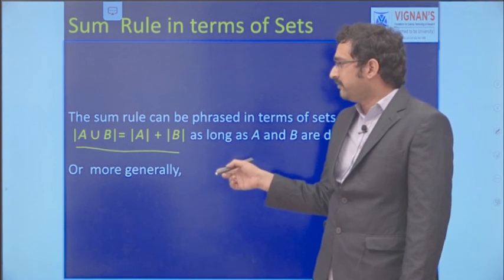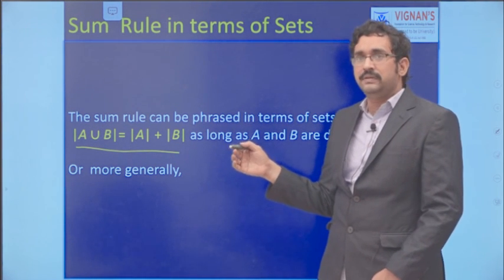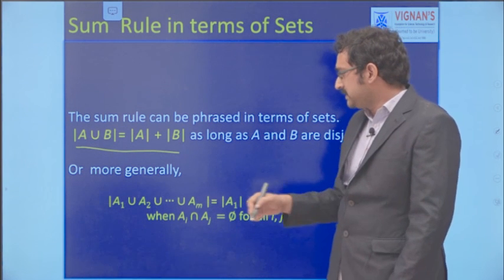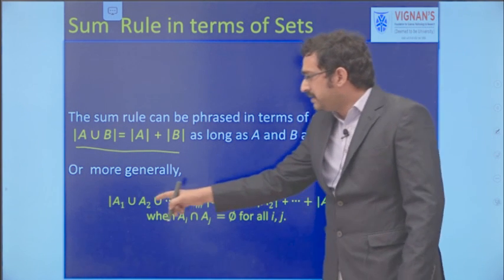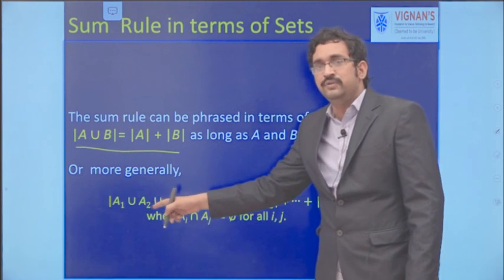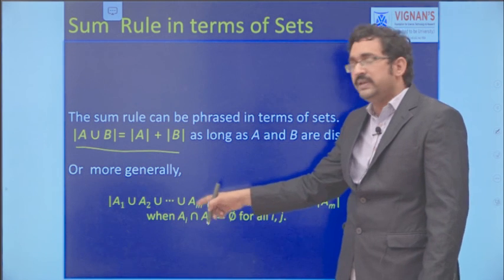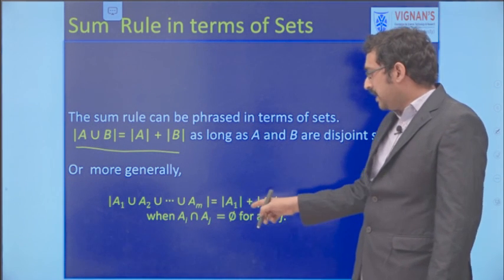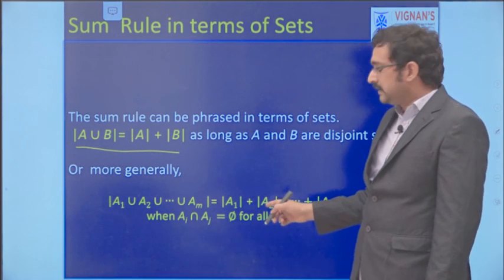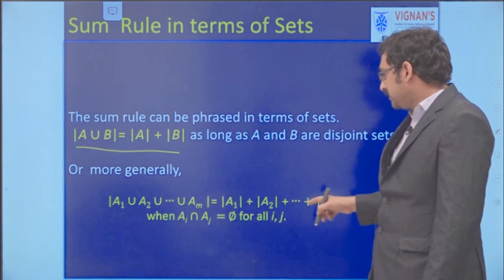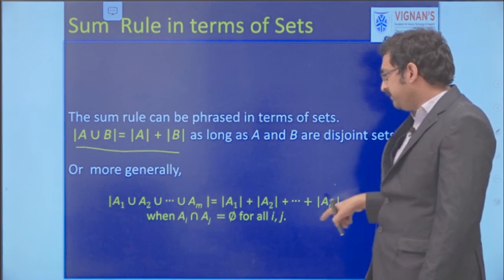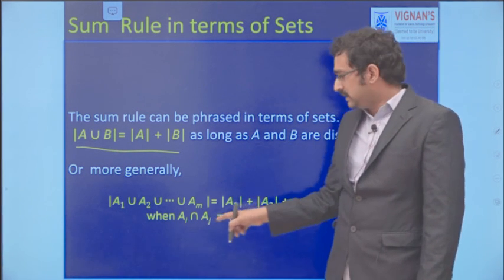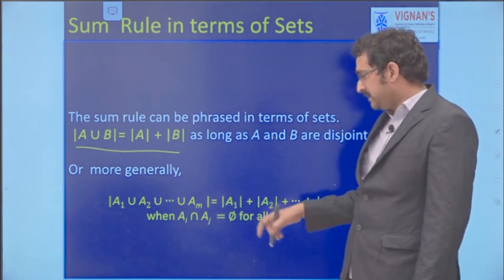The same rule can also be expressed as cardinality of A1 union A2 and so on union Am equals cardinality of A1 plus cardinality of A2 plus and so on cardinality of Am, where Ai intersection Aj equals empty.